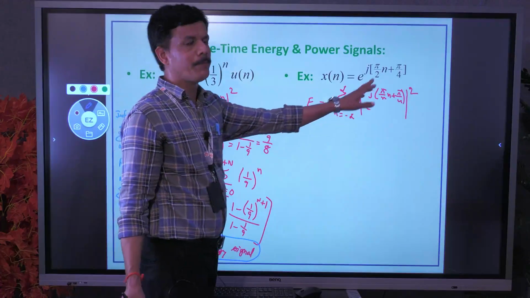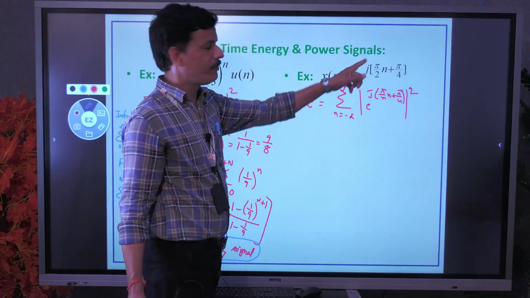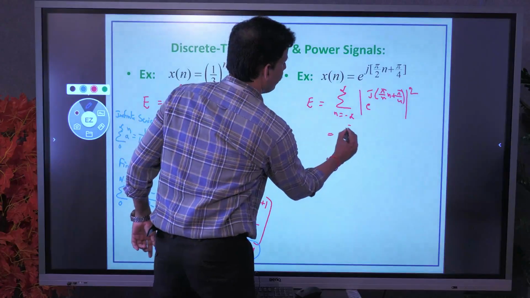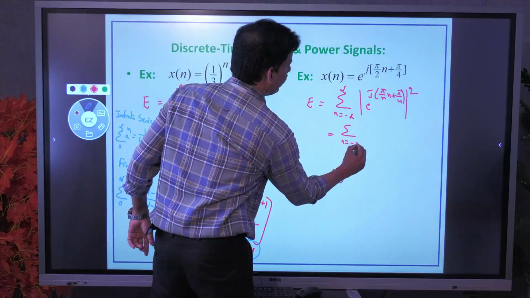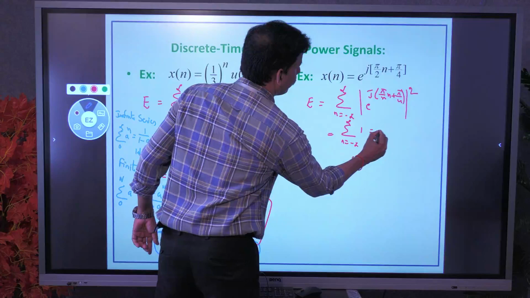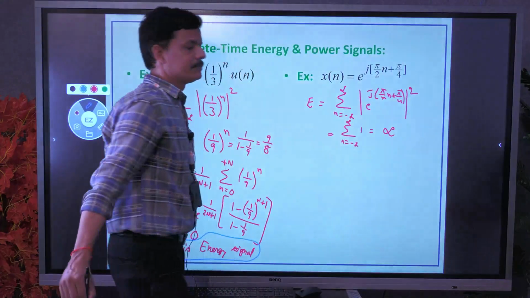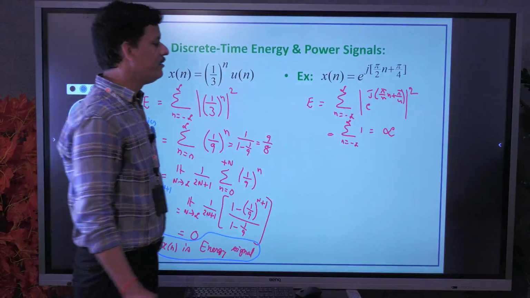Fortunately, the magnitude of e^(jθ) equals 1. 1 squared is 1. So the summation from minus infinity to infinity of 1 will be infinity. So the total energy E is infinity.